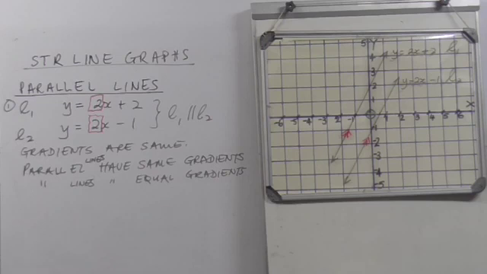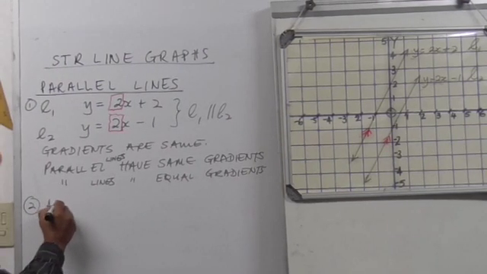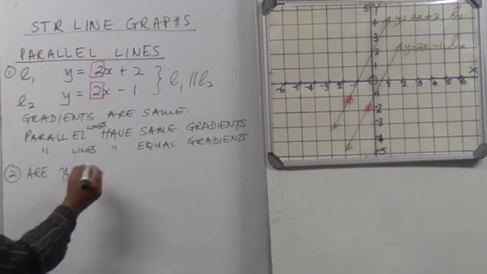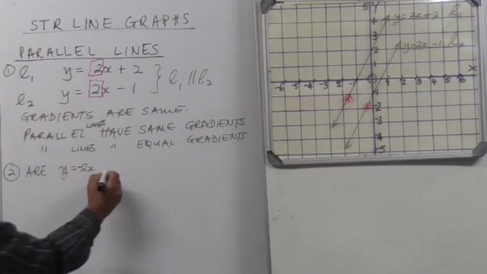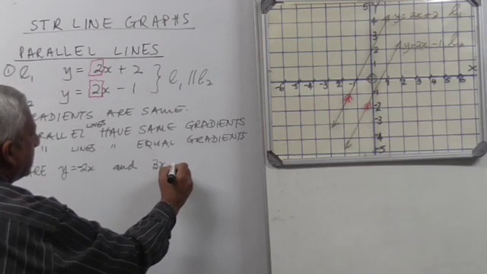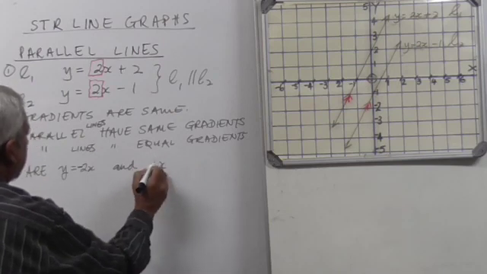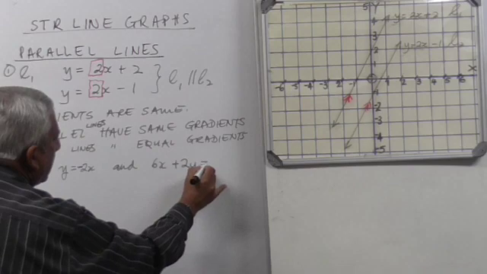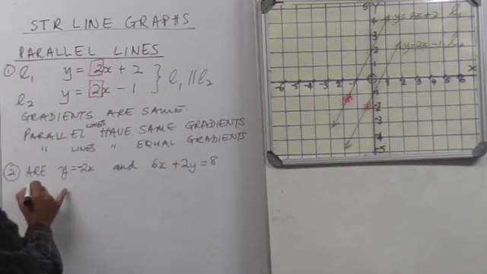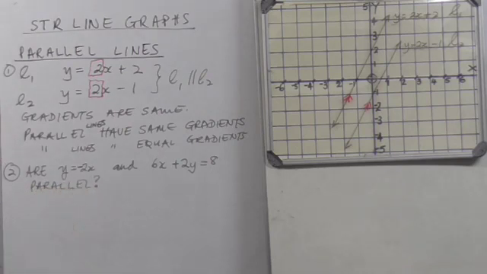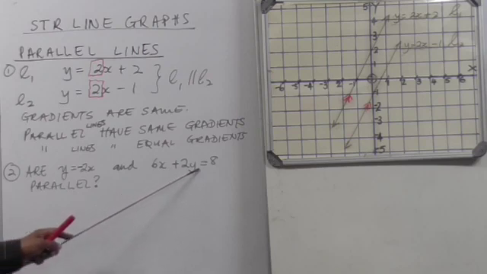Right. Now let's do a little question. Suppose you are asked: y is equal to negative 2x and 6x plus 2y equal to 8, are they parallel?